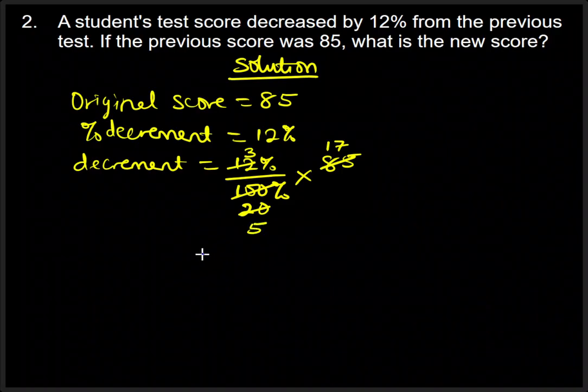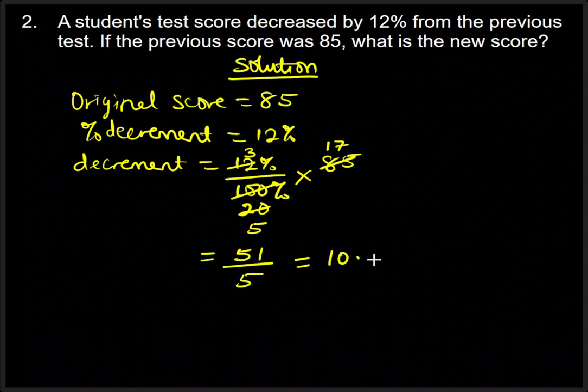All right, so we are left with 3 times 17, that will be 51 all over 5, and then that will be equal to 10.2. 10.2 will be our decrement.